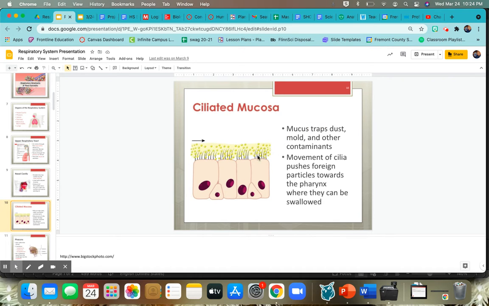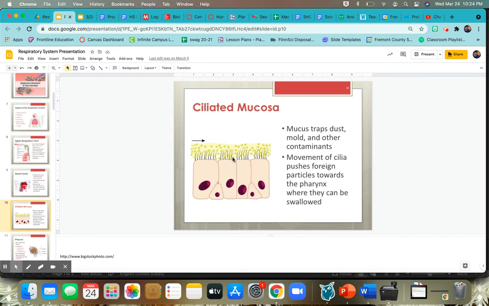Okay, lining your nasal cavity are ciliated mucosa, and so these hair-like projections help move the air through, which A, warms the air up, and then B, helps trap particles in mucus. The reason we want to do that is when we breathe in air, there's dust and mold and lots of things in the air, and we don't want all of that coming into our respiratory system.